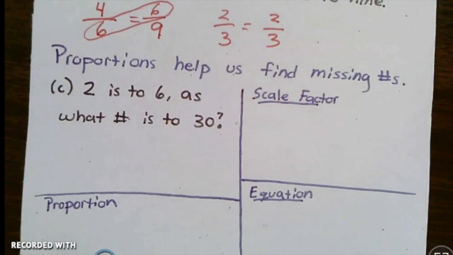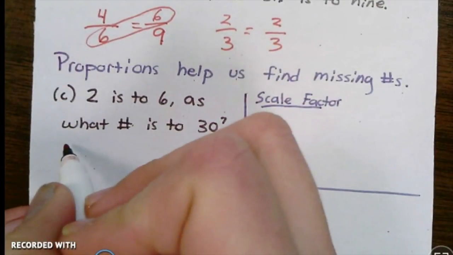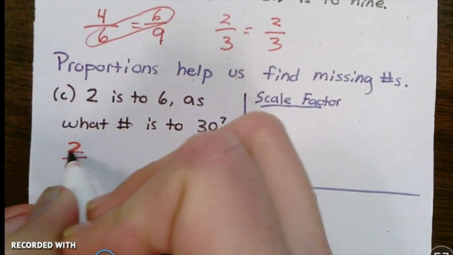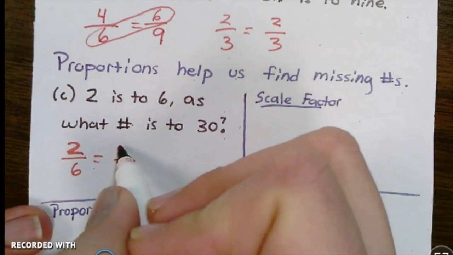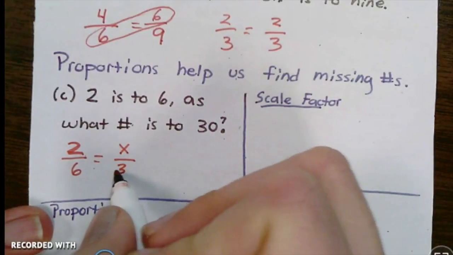Proportions help us find missing numbers. 2 is to 6 as what number is to 30? So I'm going to start by putting it into what I know. So I've got 2 is to 6 as what number, also an x, is to 30?